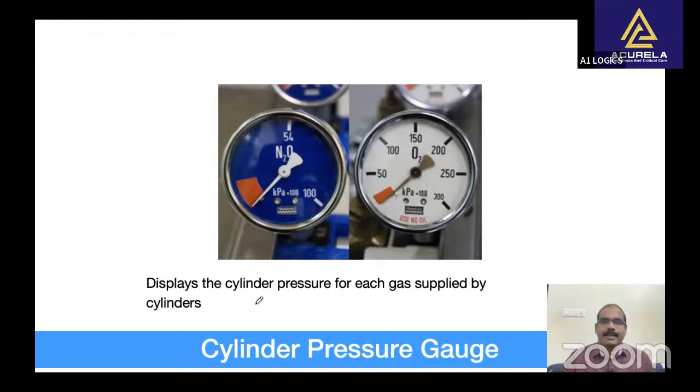The indicator may be located near the cylinders or on a panel in front of the machine. The scale must be at least 33% greater than the minimum filling pressure of the cylinder or the full indication position.